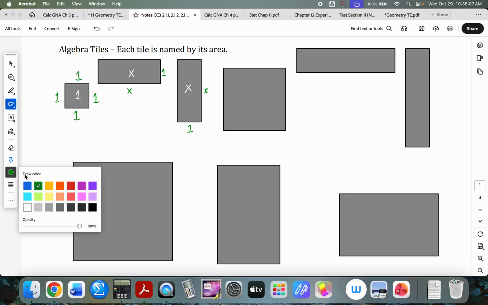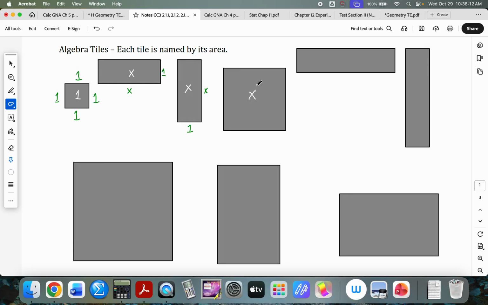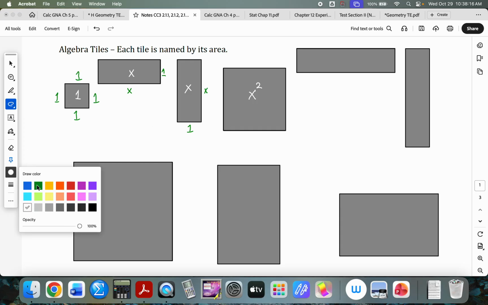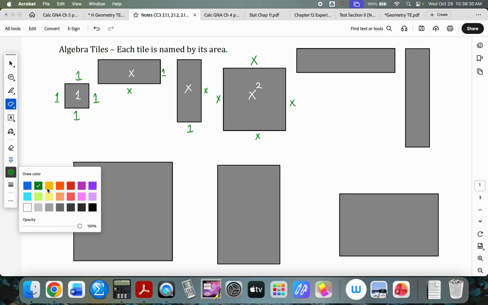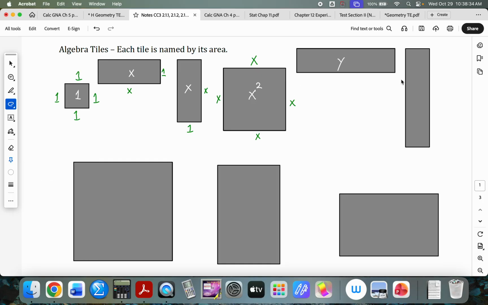Now, for this next one, we've got a square. This will be x squared, because the length of every side is x, the area is x times x, which is x squared. Then we have some slightly bigger ones, and for those y is the area.